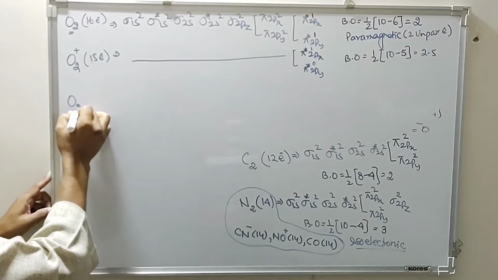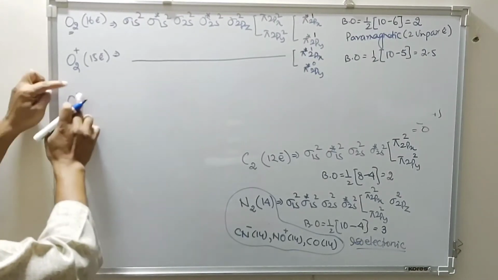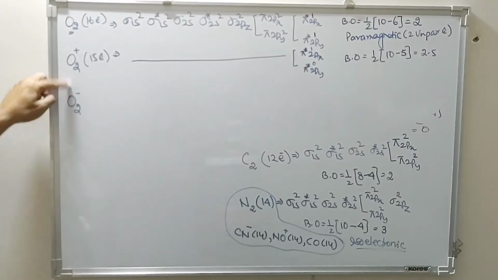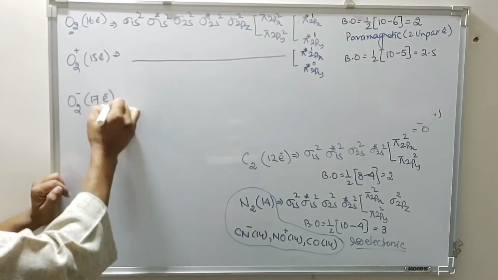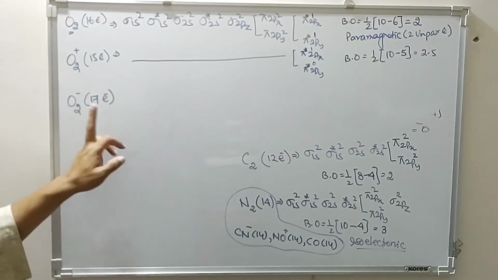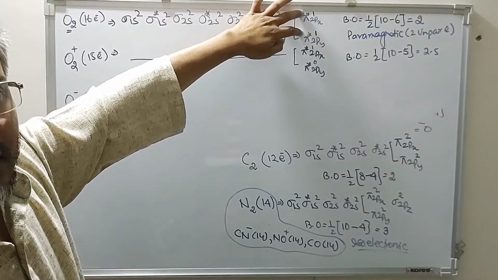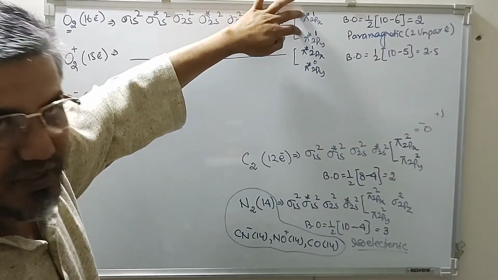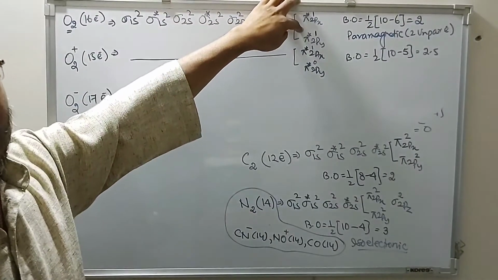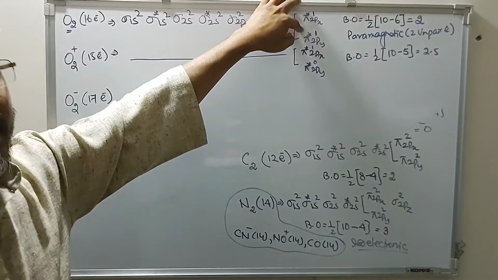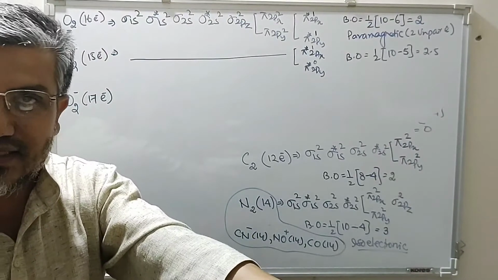Take this O2 minus, superoxide ion. Now minus means one electron is added. So 16 plus 1, 17. Now in which orbital is the electron to be added? Again look at this. This is the outermost shell and this contains unpaired electrons. So the electron is to be added in the anti-bonding orbital. Since the electron is added in an anti-bonding orbital, stability will decrease.